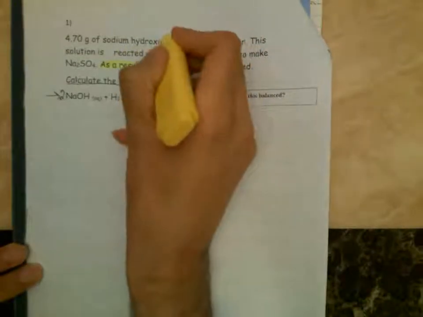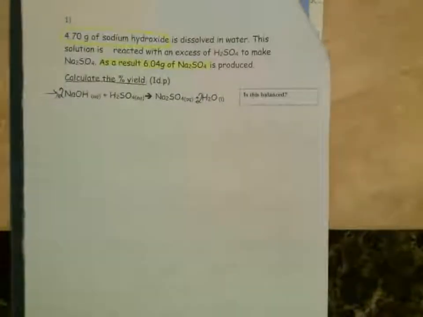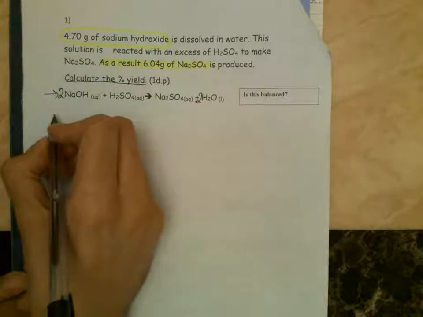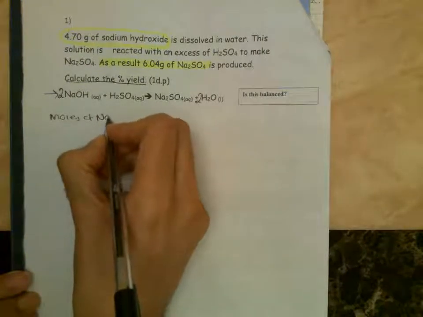We've also been given that 4.7 grams of sodium hydroxide had been used in the reaction. So straight away we can calculate the moles of NaOH.